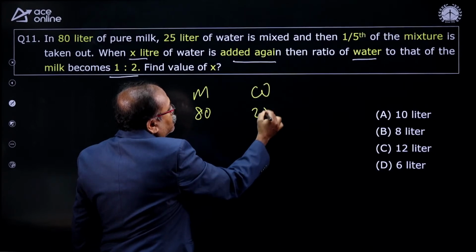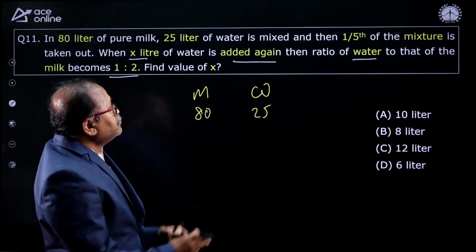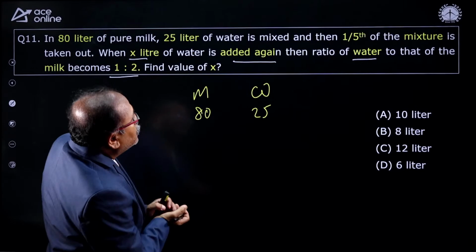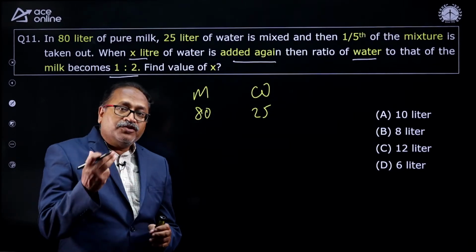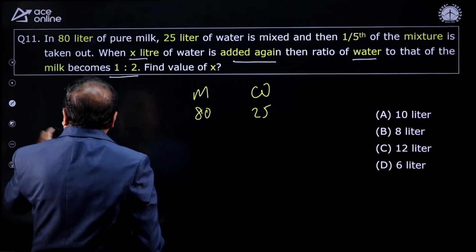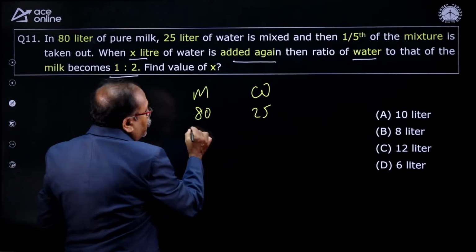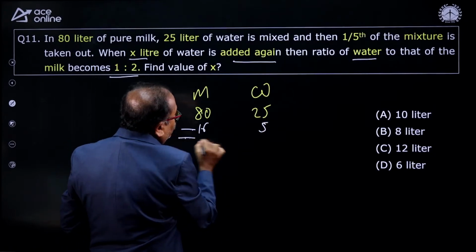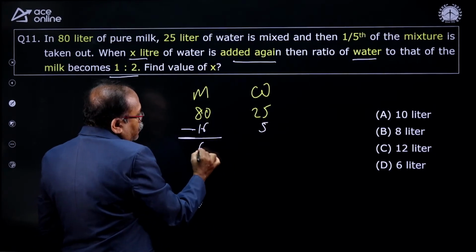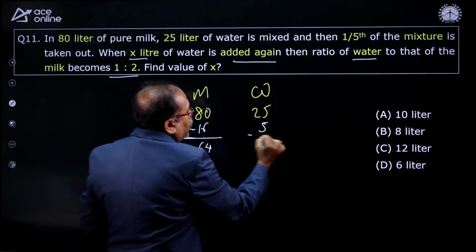These two are mixed. 1/5 of the mixture is taken out. When you take out 1/5 of the mixture, how much will go out? 1/5 of 80 is 16, and 1/5 of 25 is 5, and then I get this as 64, and this is 20.